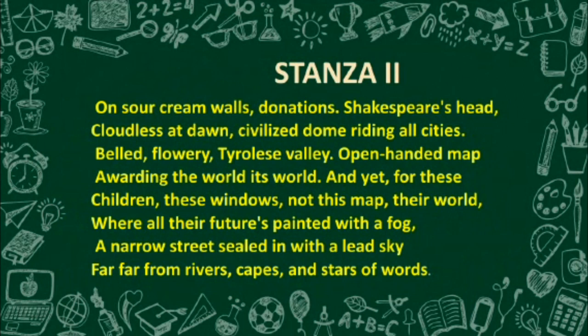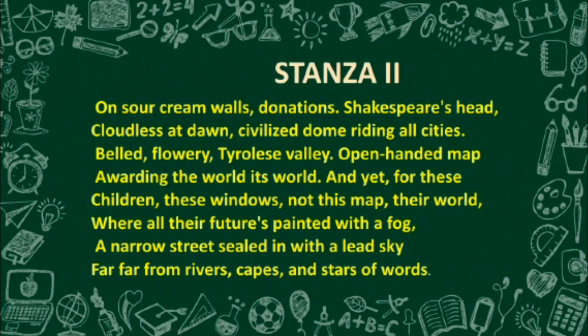So, in other words, we may say, if we deeply think, a map can be considered as a window. And when we look at this window, we can have the view of the world, the various places present outside.